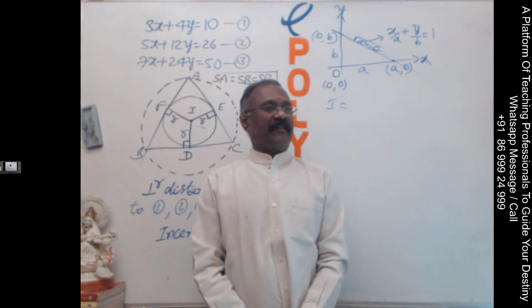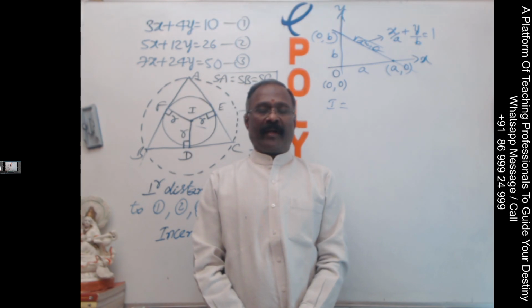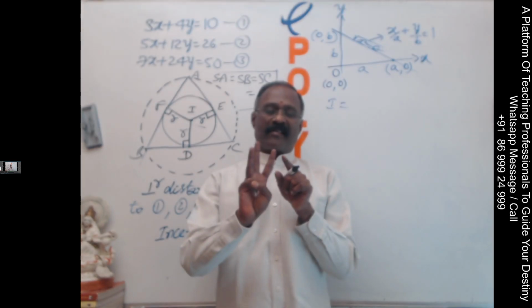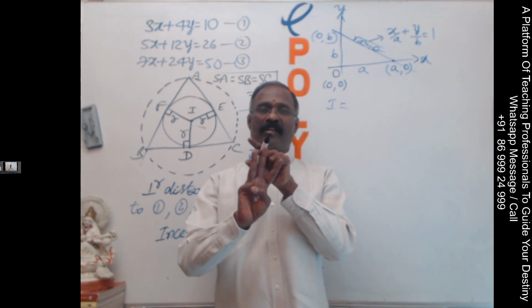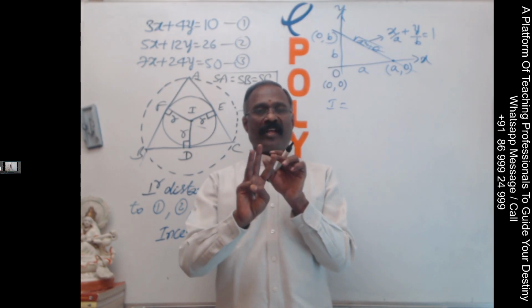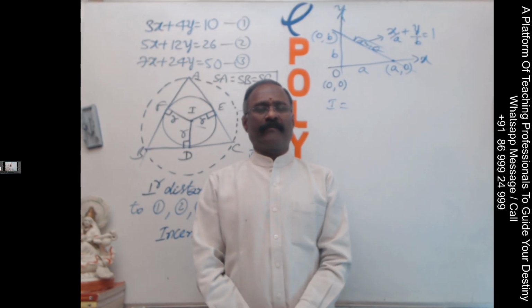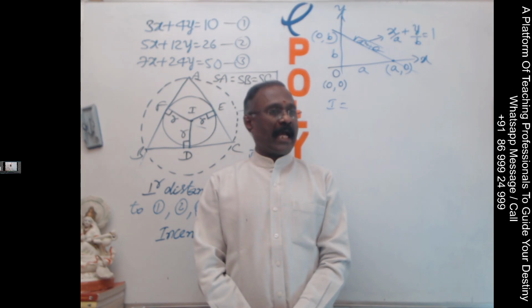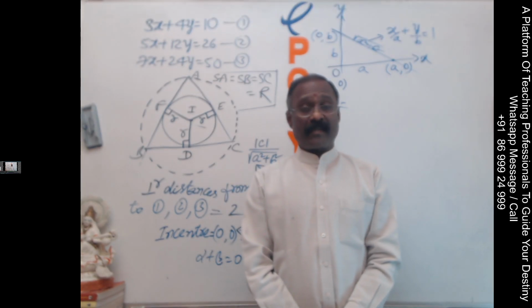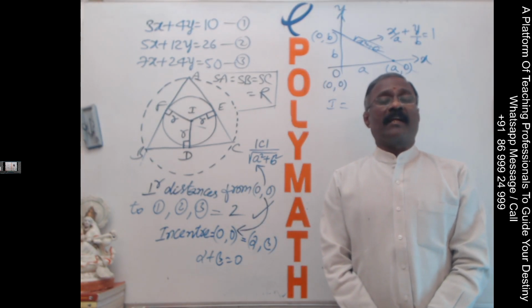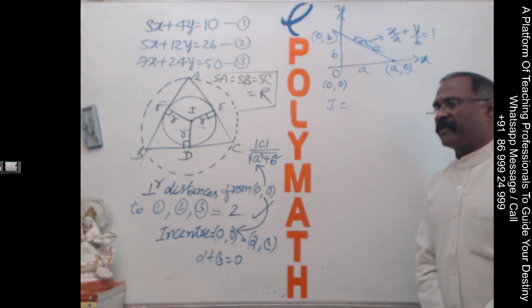Unlike x1, y1, x2, y2, x3, y3, you have three vertices 0, 0, a 0, 0, b. Then we will apply the same formula. Whatever the formula we have learned, we'll get the same formula, but you will get it in a very simplified form like this.